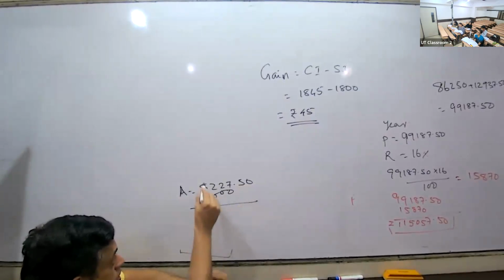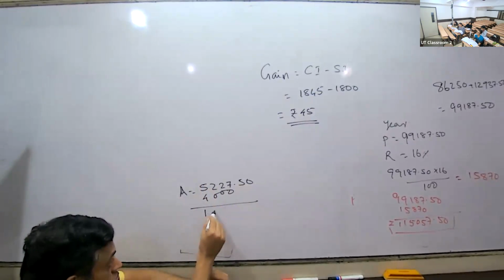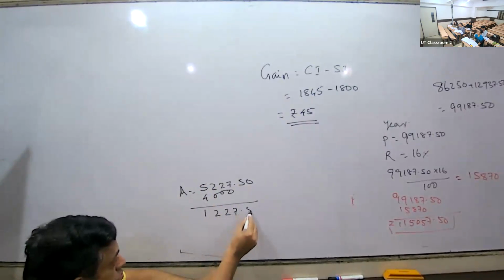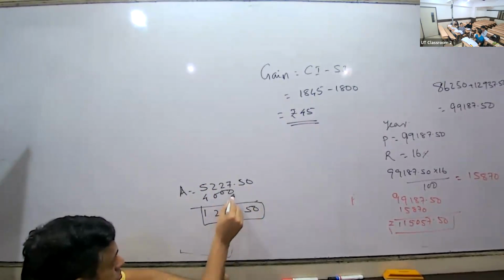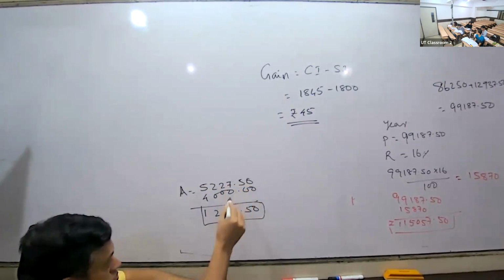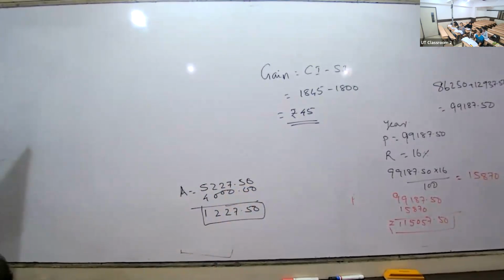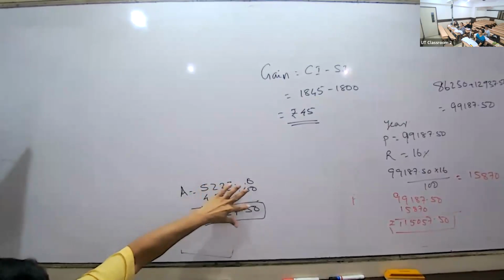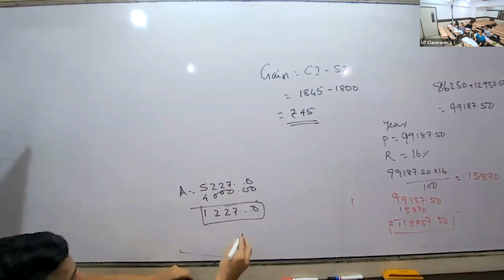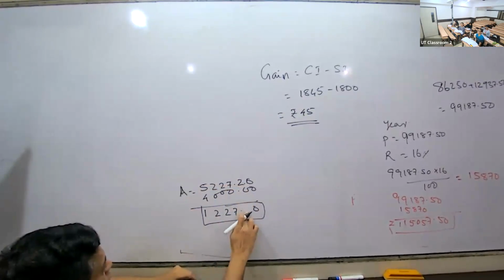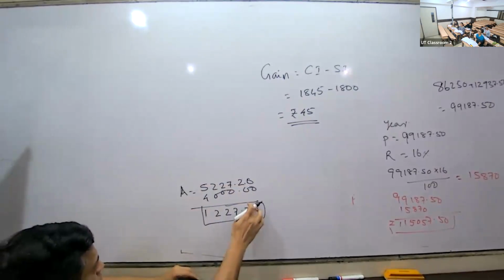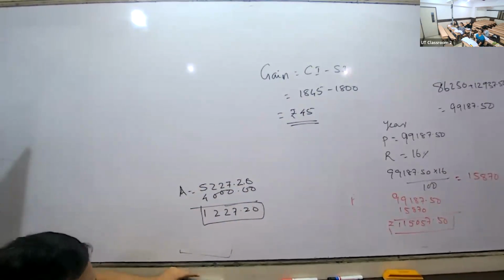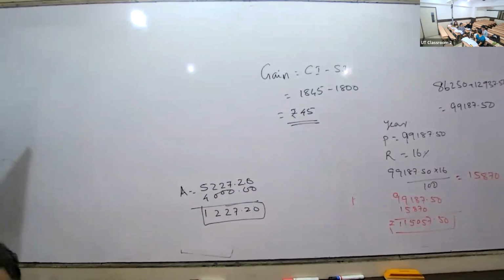Subtracting, it will become 1,227.20. Got it? Yes, sir.